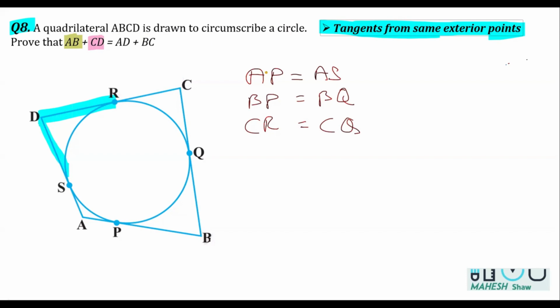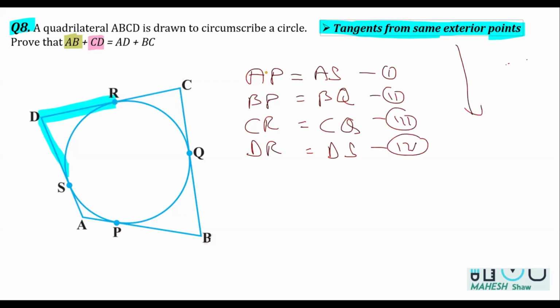So that is DR is equal to DS. And I mark these equations as 1, 2, 3, and 4. And over here, you'll be writing this reason, right? This reason here, you'll be writing over here that tangents from the same exterior points are equal.